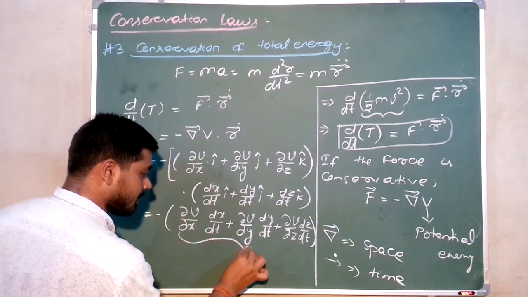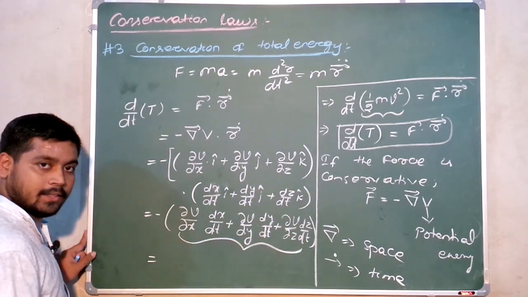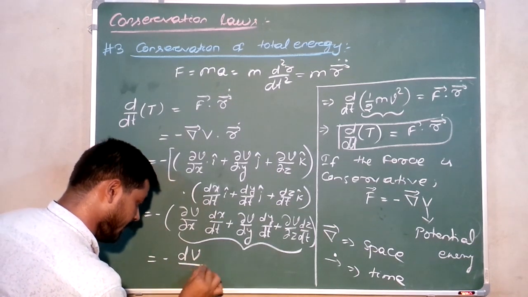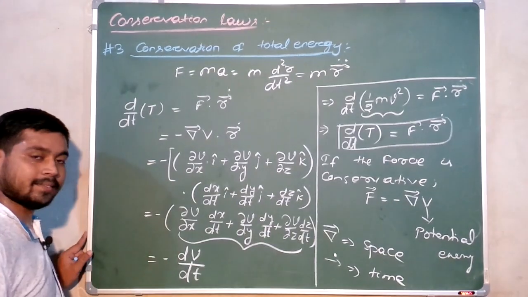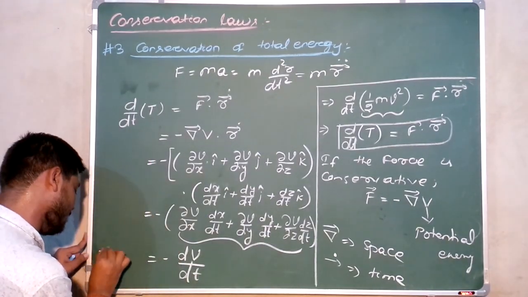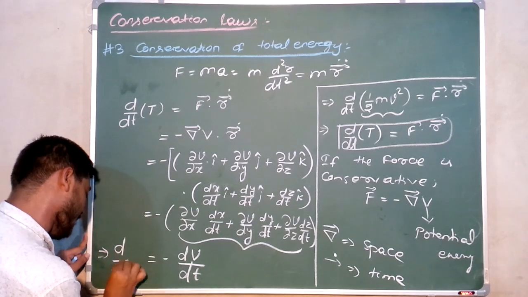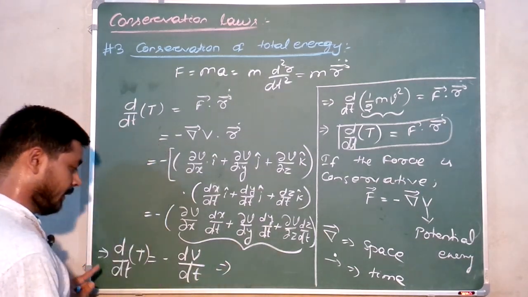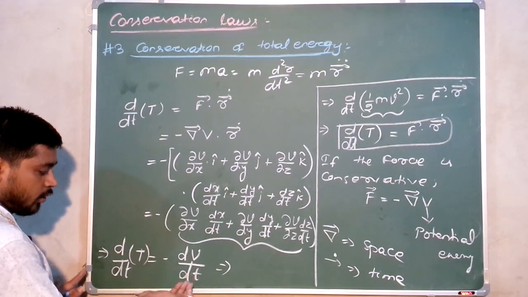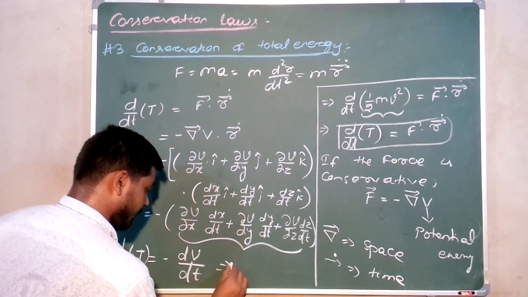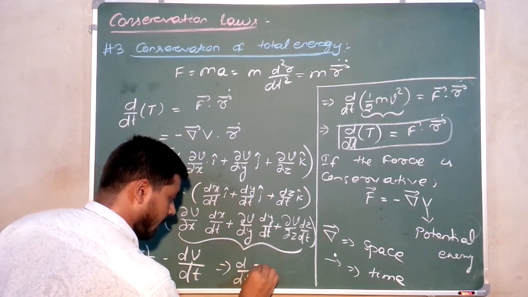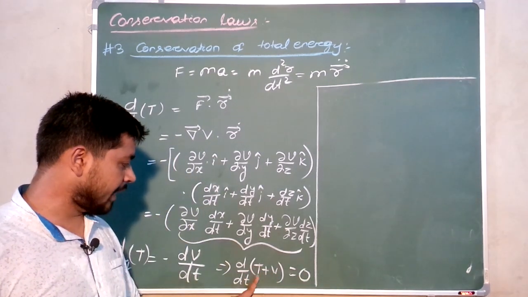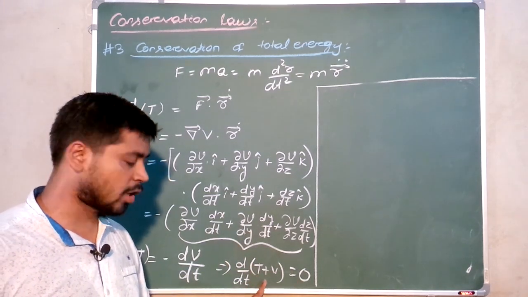And what is this? Negative dV by dt. This one is nothing but d by dt of T. If we take dV by dt to the right hand side, then d by dt of T plus V equal to 0. Derivative is equal to 0. That means T plus V equal to constant.